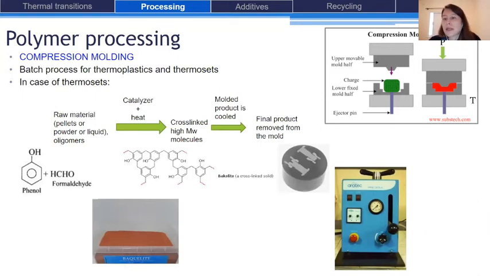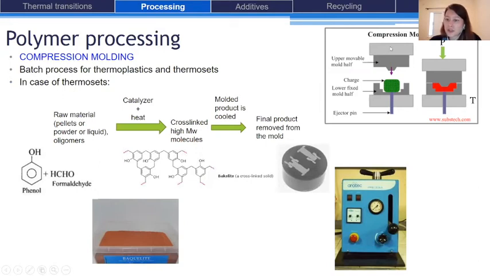You place a charge, which is the amount of polymer necessary to create the product, on the lower part of the mold, and then you press the upper part of the mold, like shown in this picture.